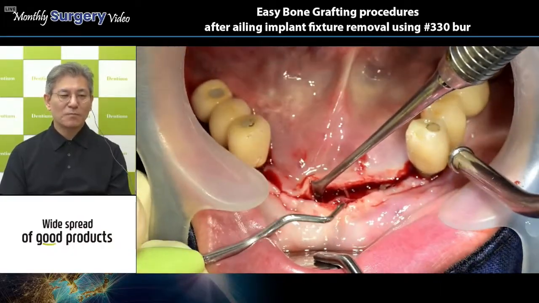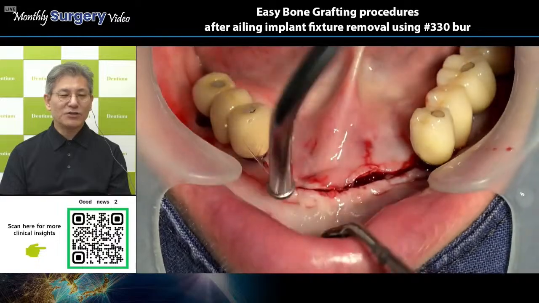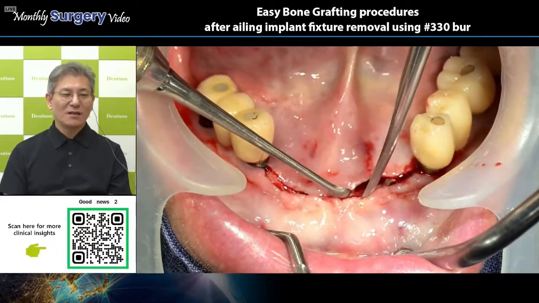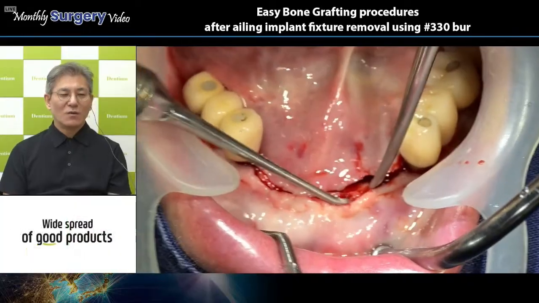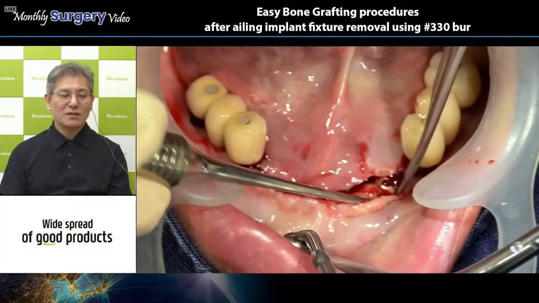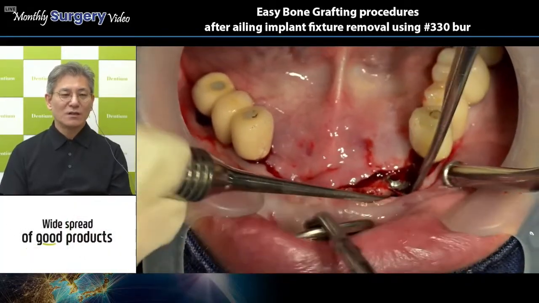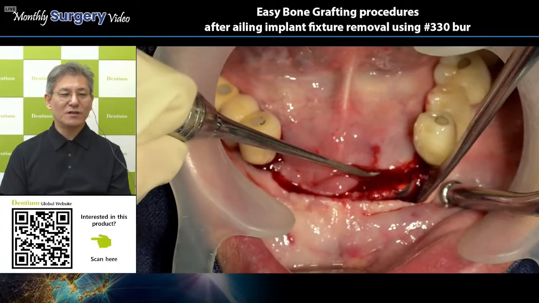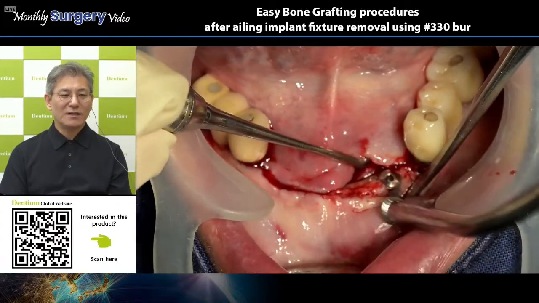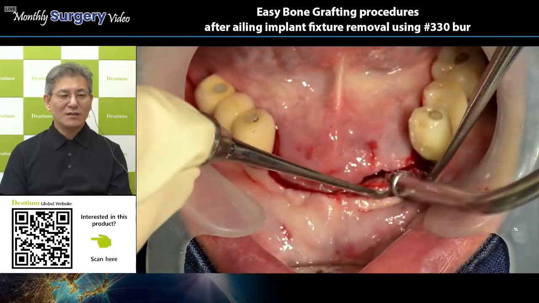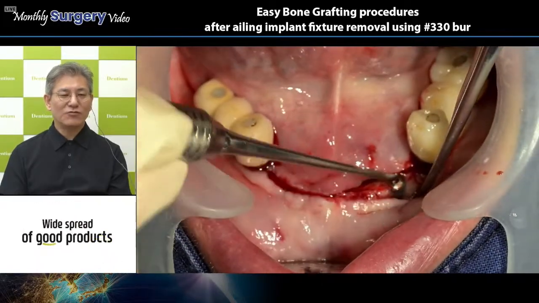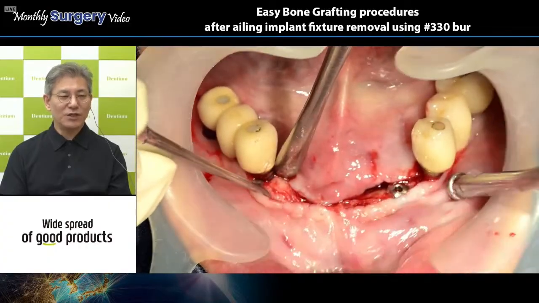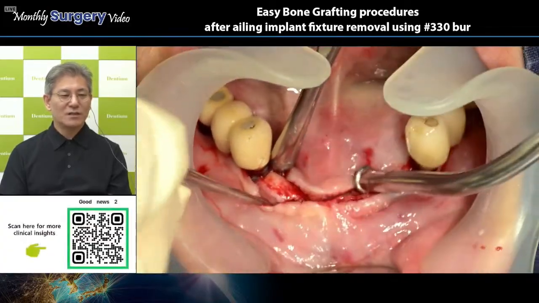Before, when the patient came to our clinic, this patient was edentulous in this lower anterior. Before then, she had already received implant treatment, an implant supported bridge in these areas.